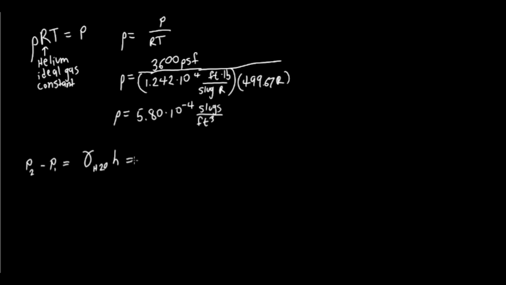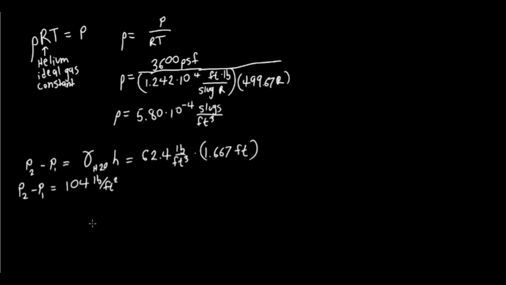And so the gamma of water, or specific gravity, is 62.4 pounds per foot cubed. And then we'll multiply that by H in feet, which is 1.667 feet. And so this P2 minus P1 is equal to 104 exactly pounds per foot squared.